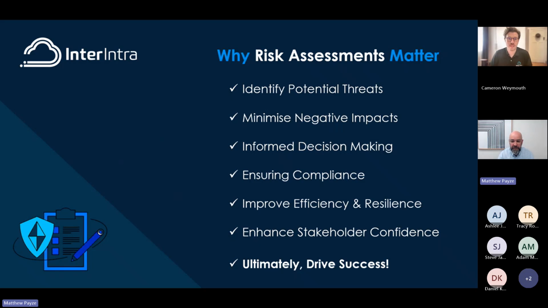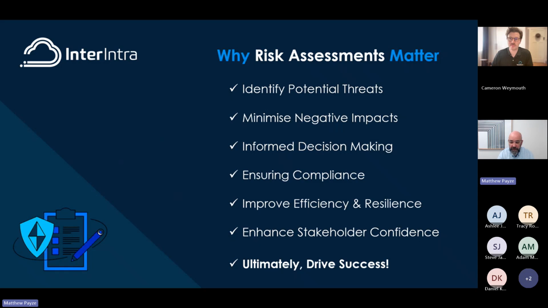We're all obligated under certain legal, sometimes regulatory and contractual obligations to avoid penalties, such as Australian data privacy laws, certain industry standards and regulatory bodies. Improve efficiency and resilience. So by addressing these potential disruptions, we can maintain not only smoother operations, but also more resilience, and recovery can be much more effective from adverse events.